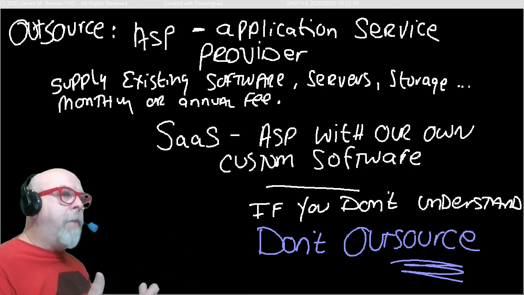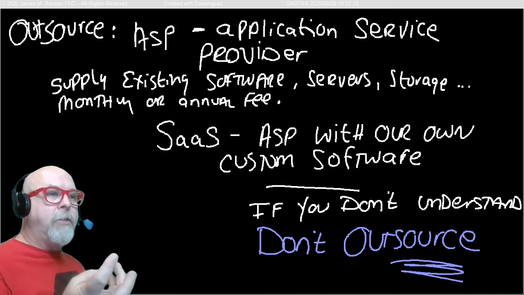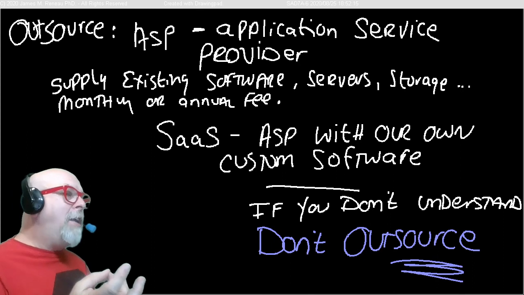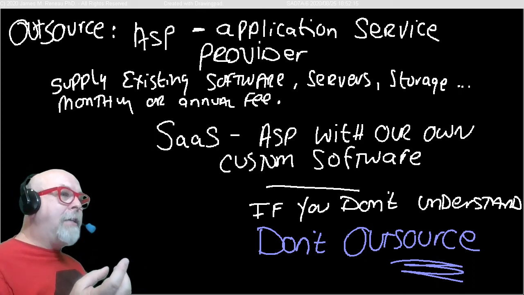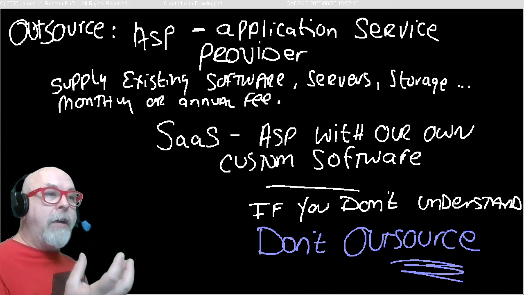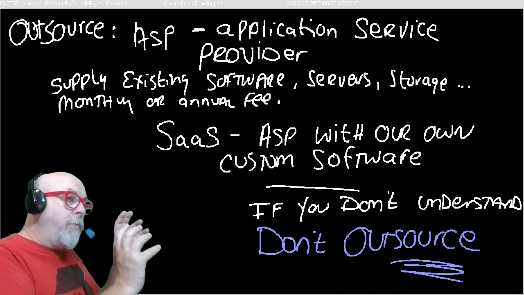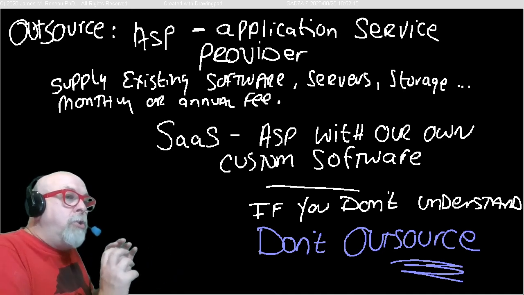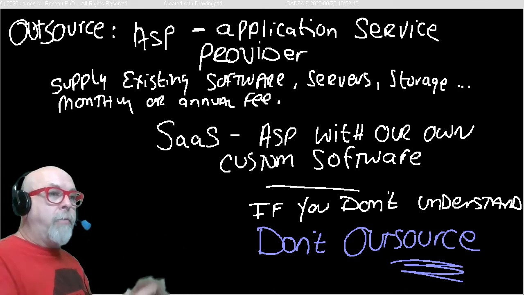There's another model known as SaaS, or software as a service, which is kind of like an ASP, an application service provider, except it's an ASP that runs their very own software. So if you've got software that they wrote that they're running on their servers, and you're just using their application on their equipment, that would be software as a service.